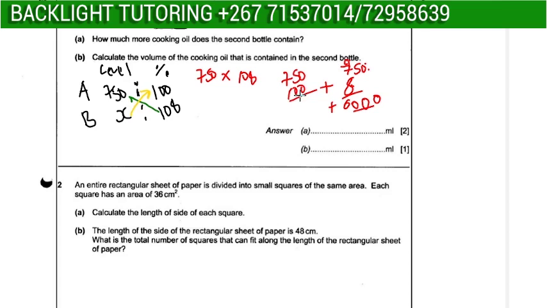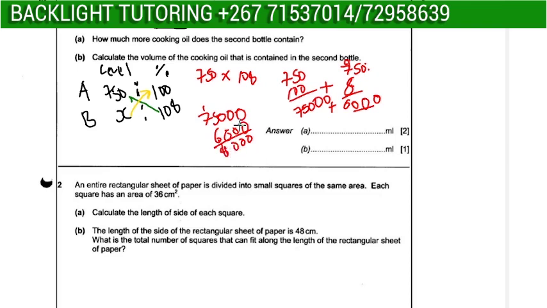Just take these two zeros and add to the number 750, right? Let's add this together. 0, 0, 0, 5 plus 6 is 11, carry 1.